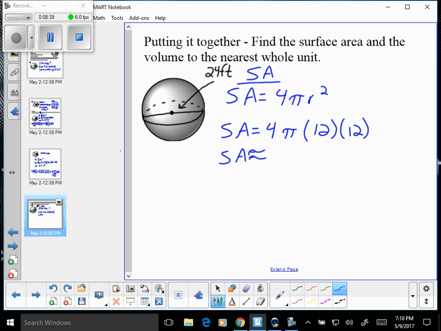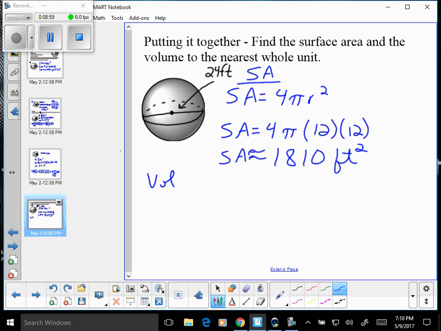But you don't really have to if you don't want to. They don't go to pi as often with spheres as they do with cylinders and cones. Here you're going to get 1,810. Now remember, you're working with area, so it's got to be feet squared.